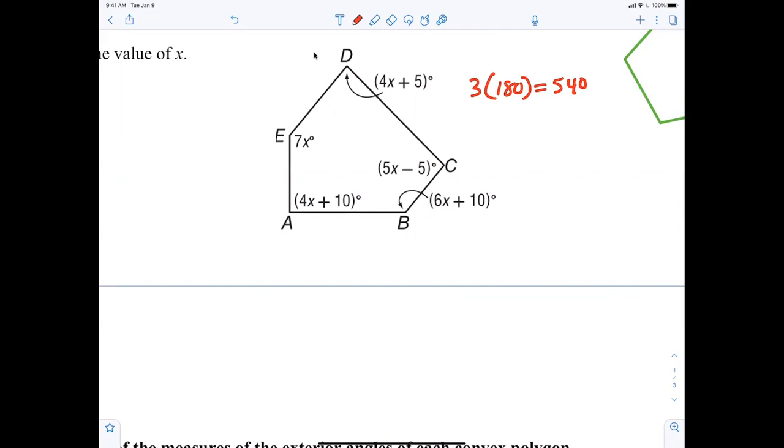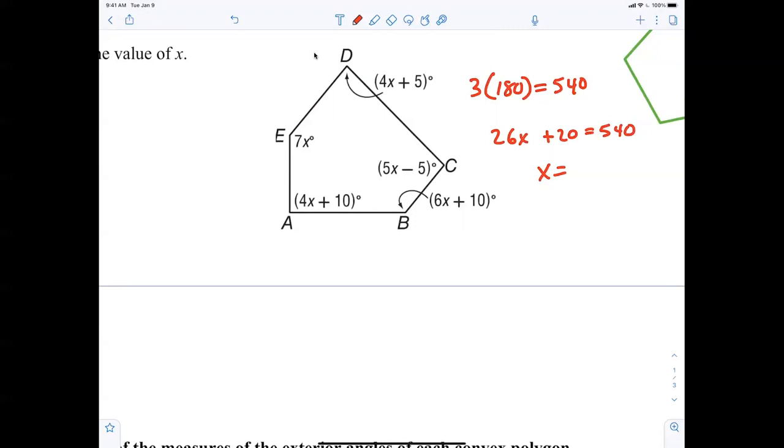Now, again, this is mental math. Add up the x's for me and tell me what that is. 28x plus 20 equals 540. I really don't care if you use a calculator. So x is what? 26x.